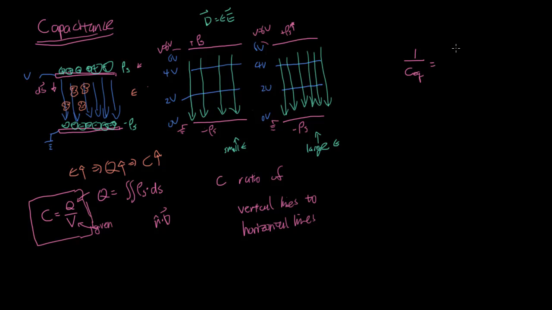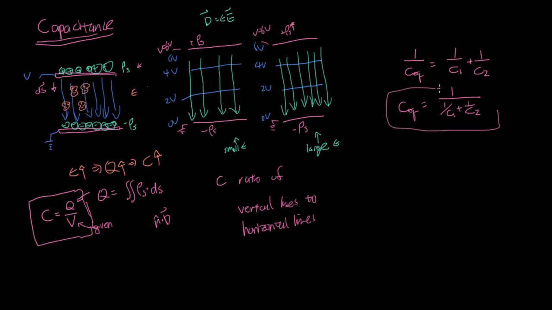In the case of being in series, you have something that's like the in parallel formula, where the 1 over the equivalent capacitance is the inverse of C1 plus the inverse of C2, or in other words, C equivalent is going to be 1 over C1 plus 1 over C2.